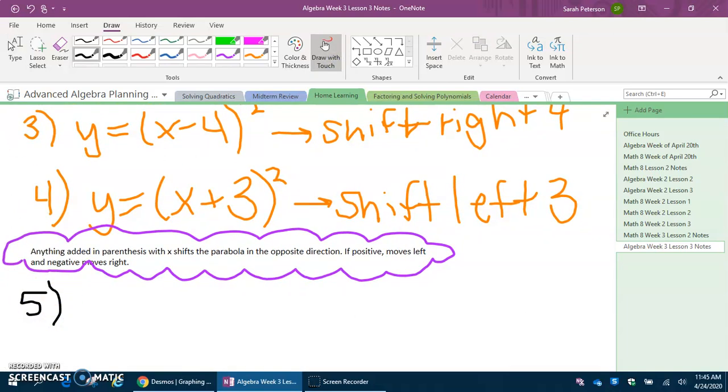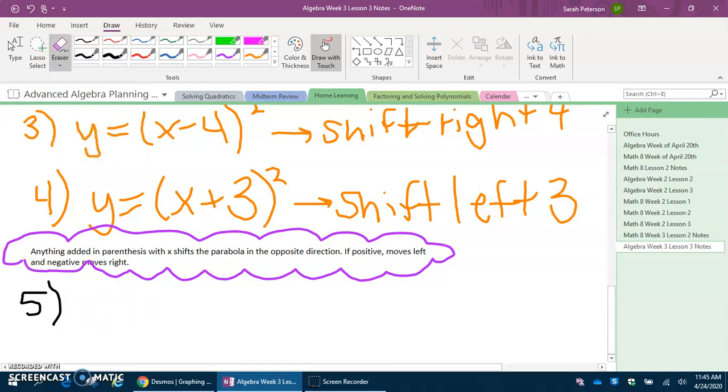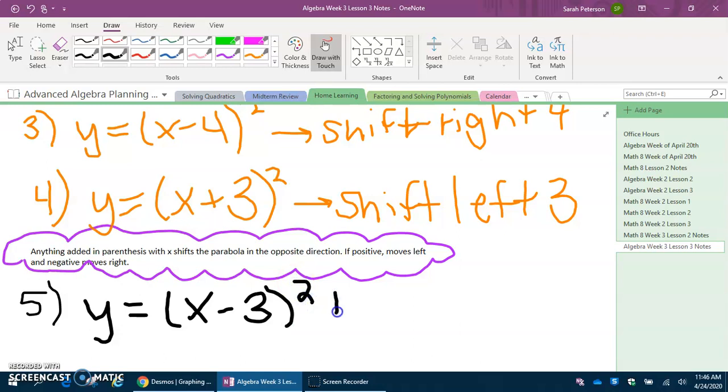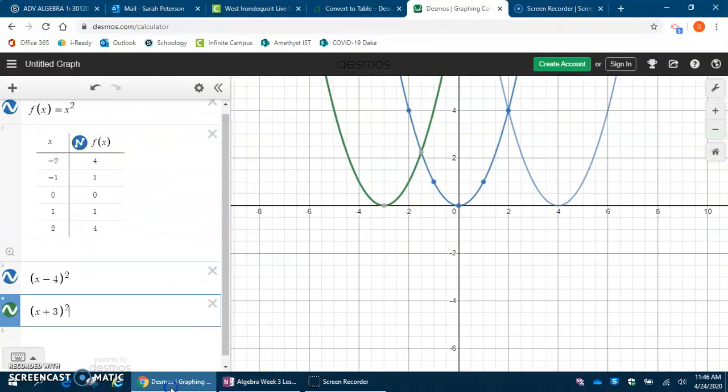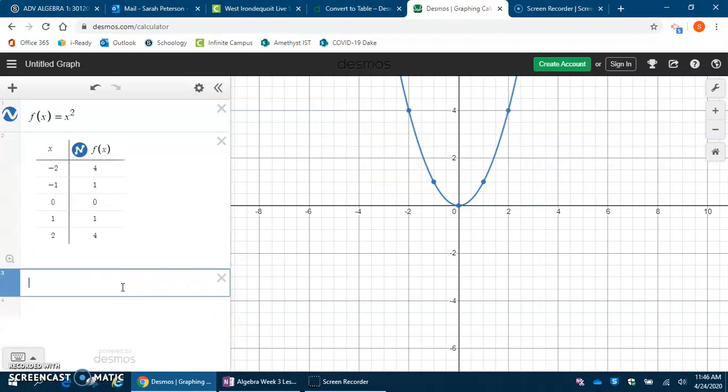I'm going to look at f of x equals x squared in comparison to y equals (x minus 3) squared plus 6. And remember, we're always looking at this in comparison to our function x squared. So I'm going to type that into Desmos, y equals (x minus 3) squared plus 6.